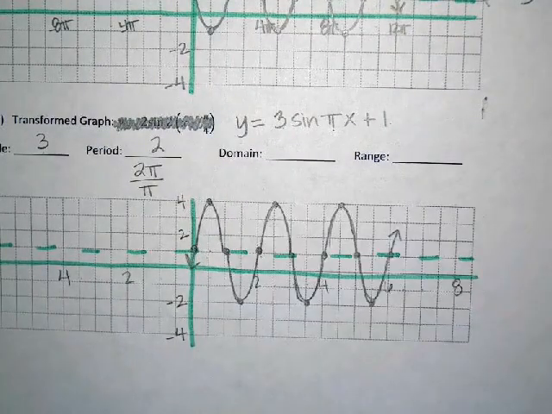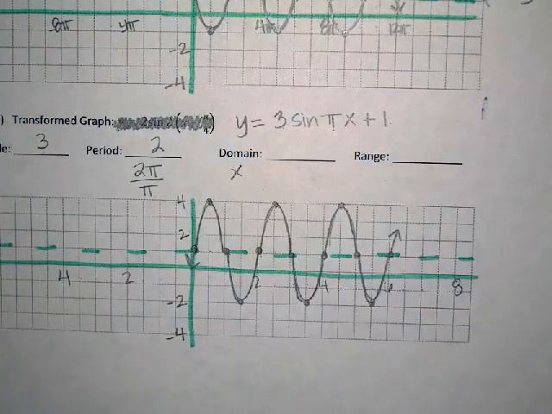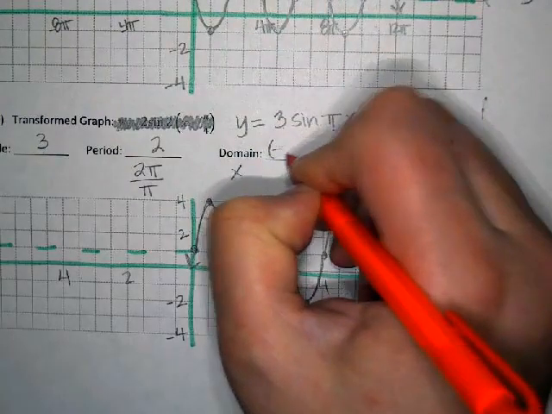Okay. And then what's my range? -2 to 4. Okay.